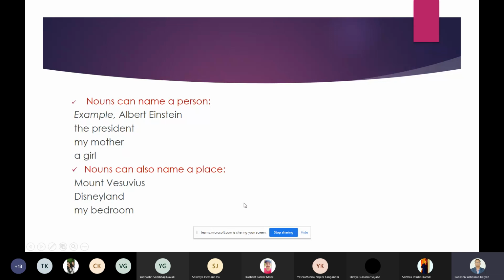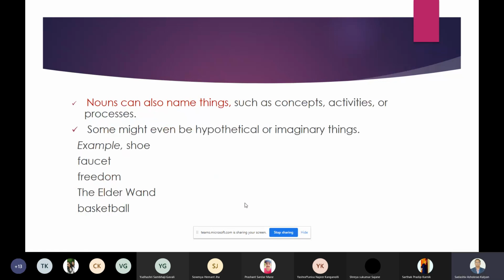So like persons, nouns can also be places. We can also use nouns to tell the names of various kinds of things, like I have an Apple mobile. We also use nouns to convey concepts, activities, and processes, like the process of communication, as I said earlier, or the concept of organic chemistry.